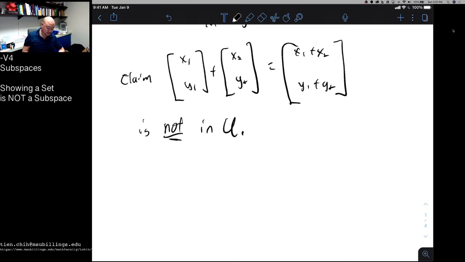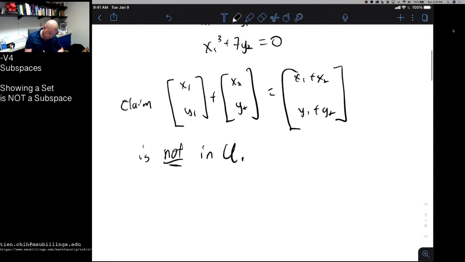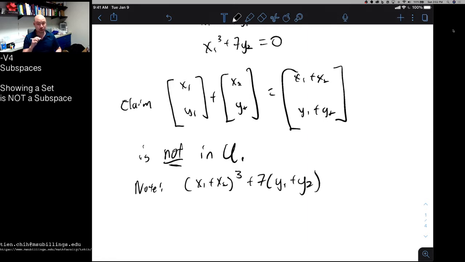Now, if I want to see that, what I note is that if I take x1 plus x2 cubed and I add it to 7 times y1 plus y2, that should not in general be 0.